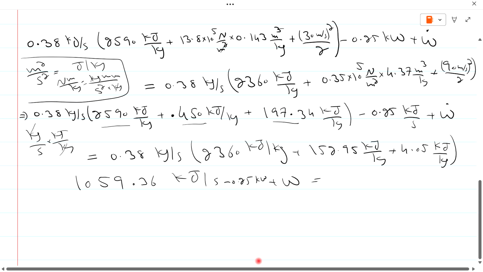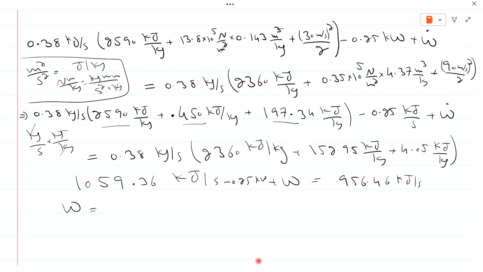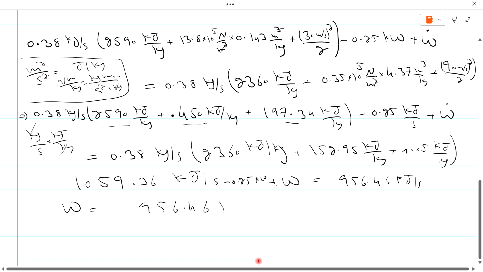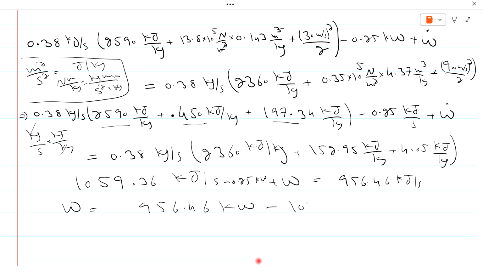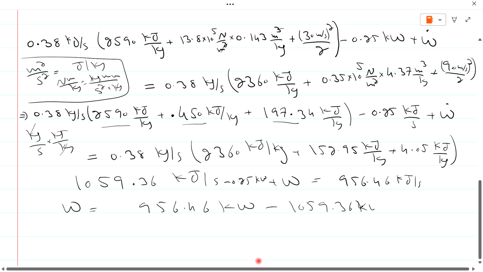So this will be equal to 956.46 kilojoule per second. Now we have to find W, so W is equal to 956.46 kilowatt. Joule per second is equal to watt. This will be minus at that side, minus 1059.36 kilowatt, and this minus term will be plus at that side, so plus 0.25 kilowatt.